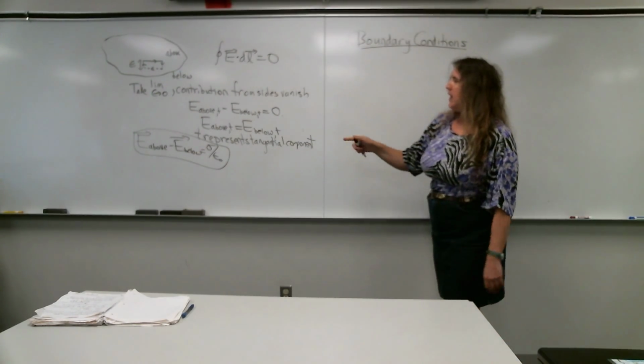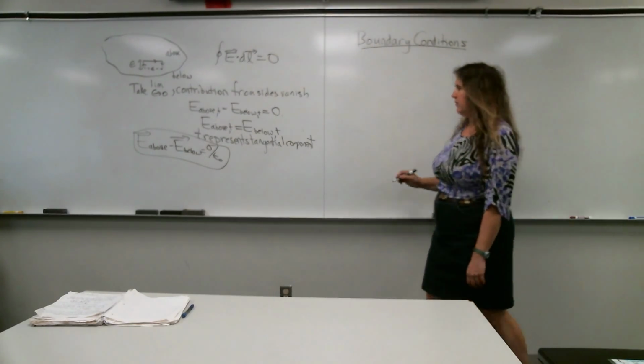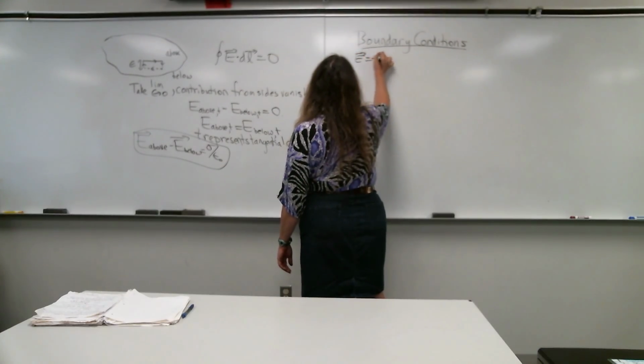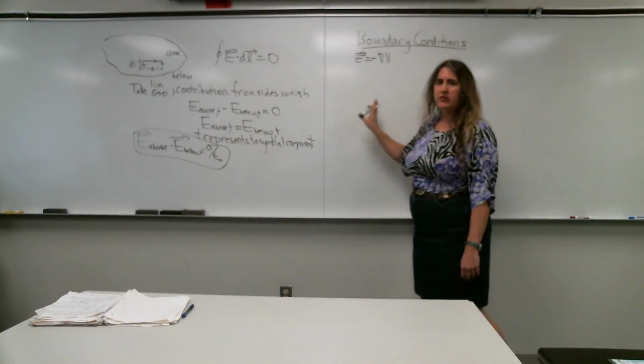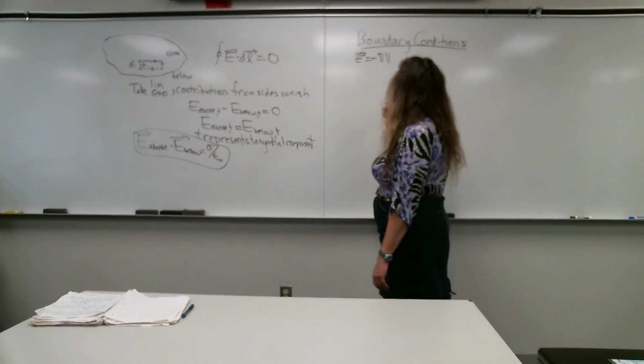You can make use of the fact of what the electric field is in terms of the potential. It's just equal to minus the gradient. So let's substitute this into that expression.